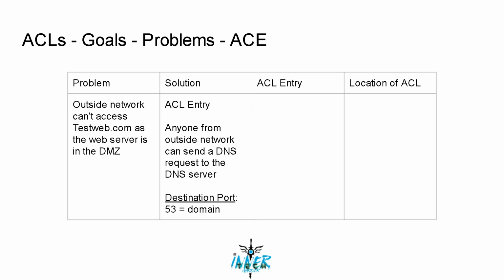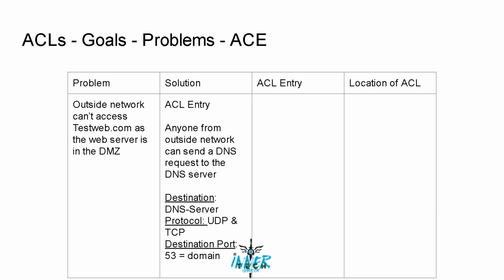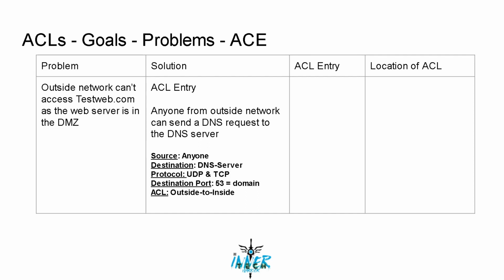A DNS request will normally have a destination port of 53, which we know we can use domain as a keyword for. We also know that we can use the object DNS-server instead of the IP address of the DNS server. Additionally, we know that DNS can use both the UDP and TCP protocol, so we'll need 2 ACL entries. Let's keep the entry in the same ACL we created and start with the first entry.